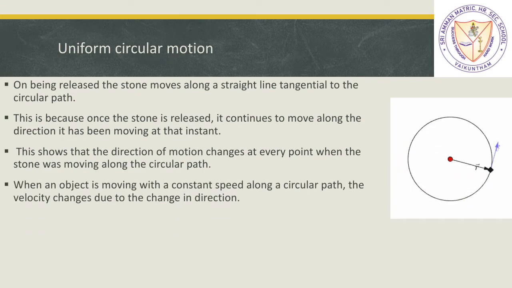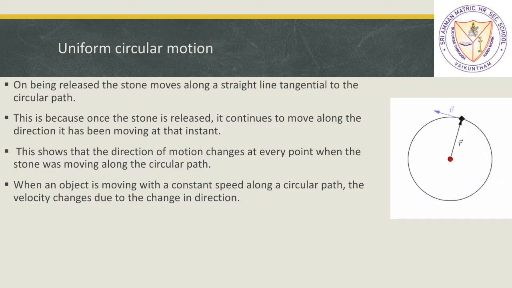When an object is moving with a constant speed along a circular path, the velocity changes due to the change in its direction. We have learned that velocity is a vector quantity. That means it has both magnitude and direction. So if any one of them, either the magnitude or the direction, changes, then we say that the velocity is changing.